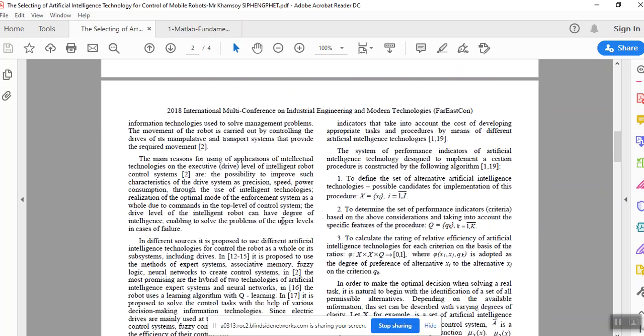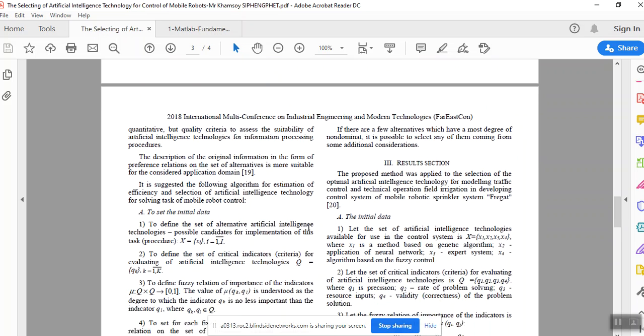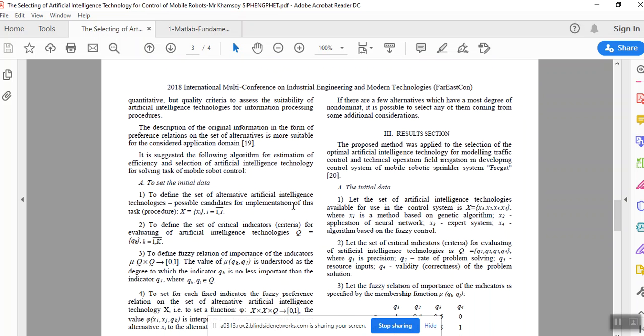So in this paper, there are two sets. They suggest an algorithm for estimation of efficiency and selection of artificial intelligence technology for solving tasks of mobile robot control.